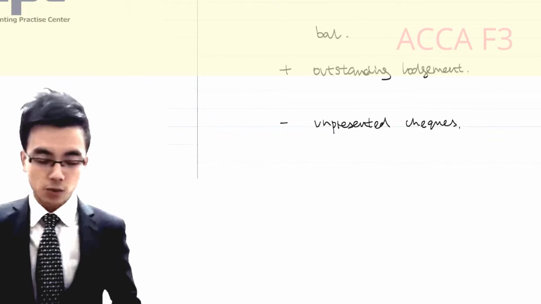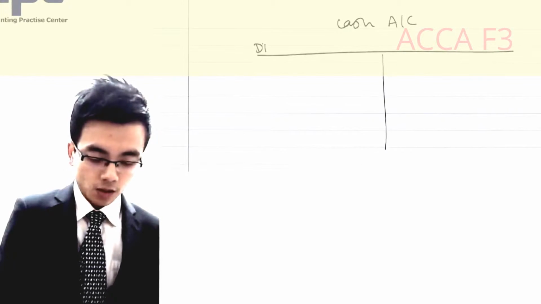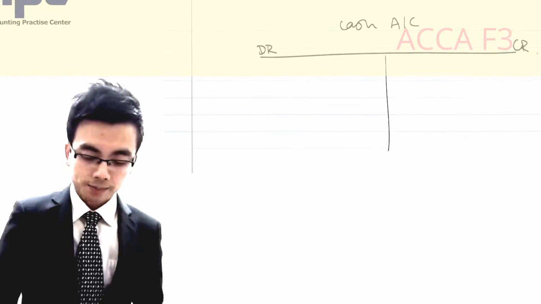So once we've done with those, it can give us the balance that has been adjusted, and that particular balance should be equal to the cash account balance after reconciliation. So the cash account, we got debit as well as the credit.